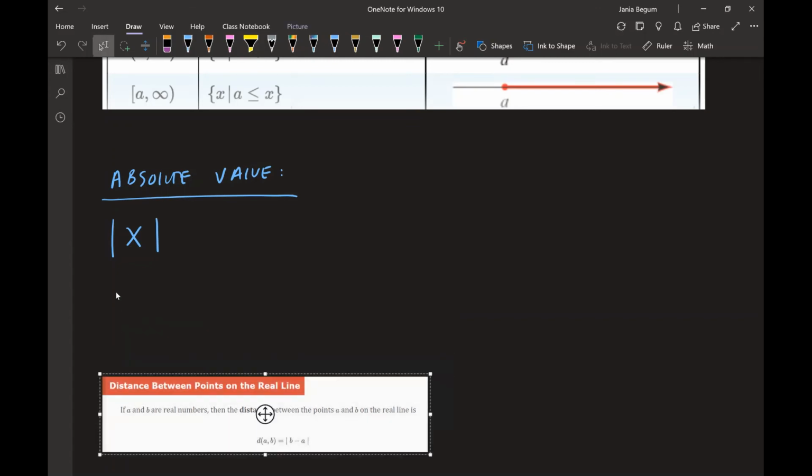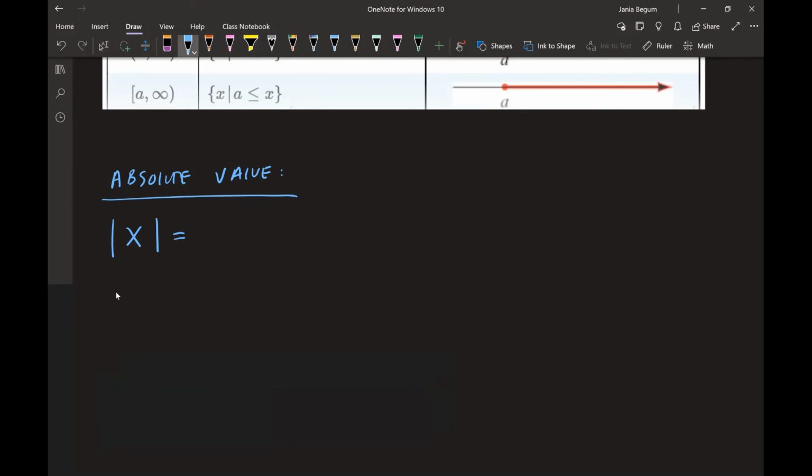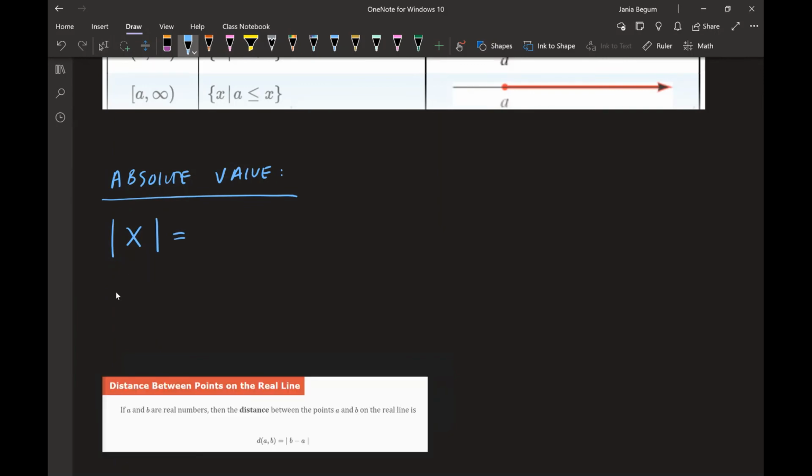So absolute value is defined as a piecewise function. So we have absolute value of x is equal to x if x is greater than or equal to 0, and it's going to be negative x if x is less than 0. So really, whatever you input into this definition, the result is always positive.